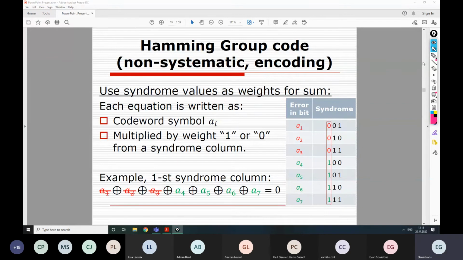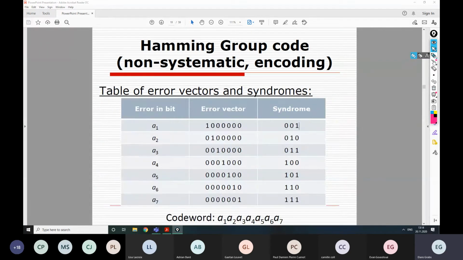So, how do we perform encoding and calculate the control bits? The idea is very simple. We are using these syndrome rows. Let me show you it like this.